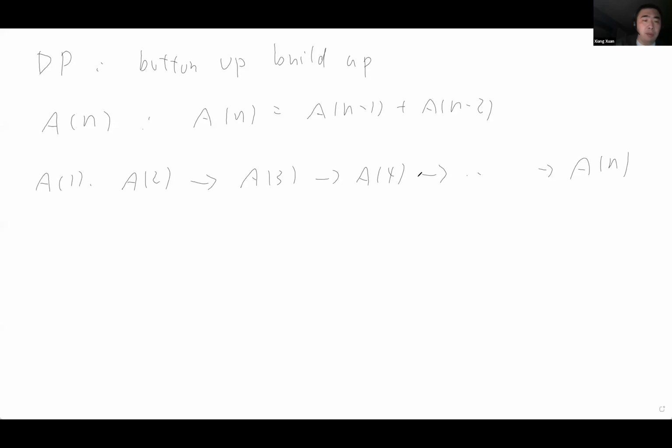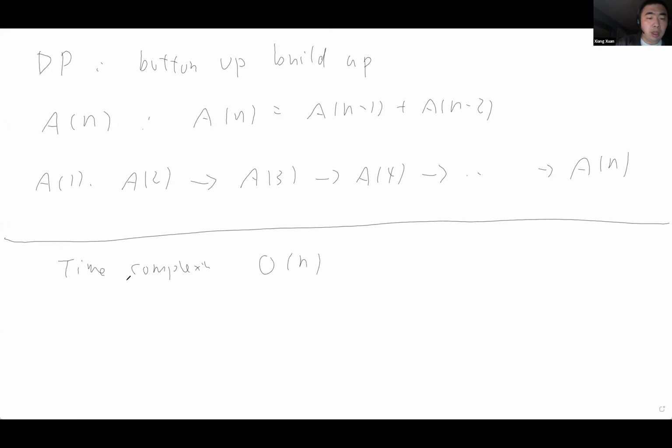So in here we want to talk about both this one and the previous one: the time complexity is O(n), and the space complexity is also O(n), because you need the actual array to store all the states, right?